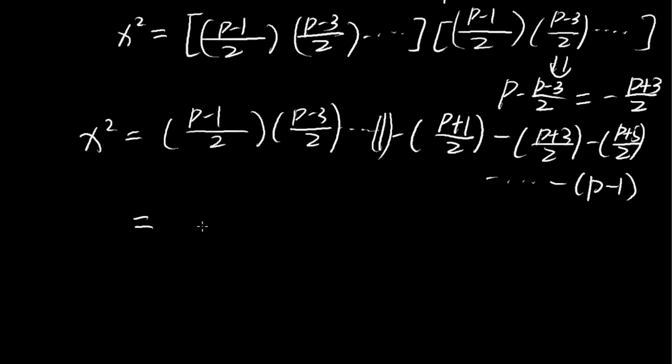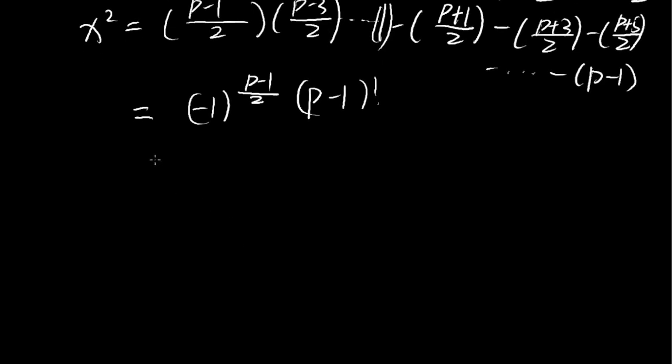And how many minus signs are there? There are exactly (p minus 1) divided by 2 minus signs. The thing left is p minus 1 factorial.